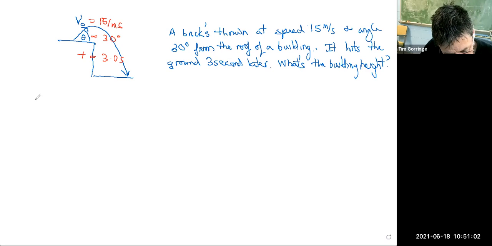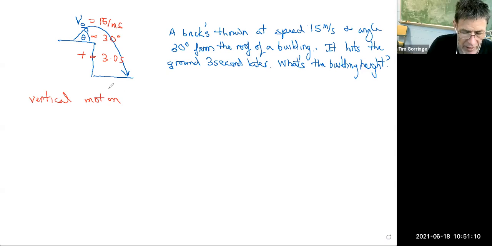Specifically, I'm going to now just focus on the vertical motion. And just to show you how much I'm focusing on the vertical motion, I'm going to draw just the vertical motion of the projectile, of the house brick. So here's the motion.